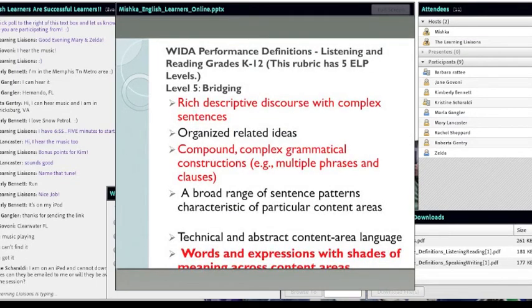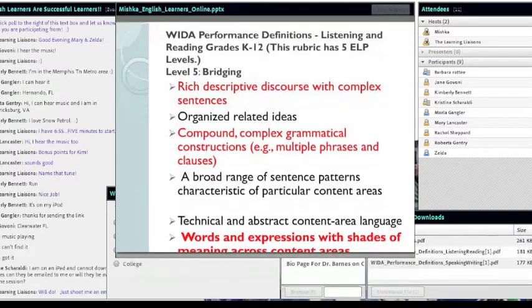So we're going to look at our first slide here, and this is the WIDA performance definitions. Basically, this is just a rubric that explains how English learners acquire language and how they become successful readers. In order to be a successful reader, English learners must have descriptive discourse with complex sentences.